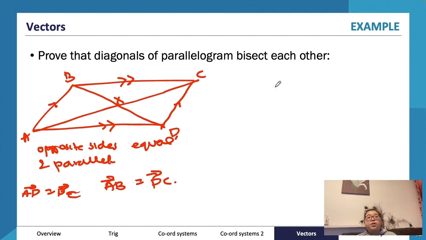So firstly, AC is going to be equivalent to AB plus BC. Oh, sorry, let me rub that out.